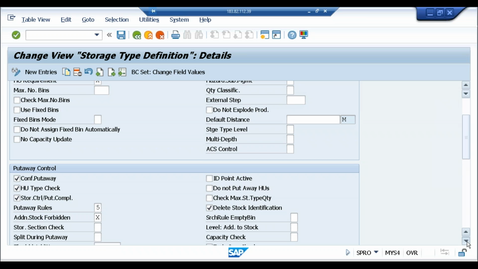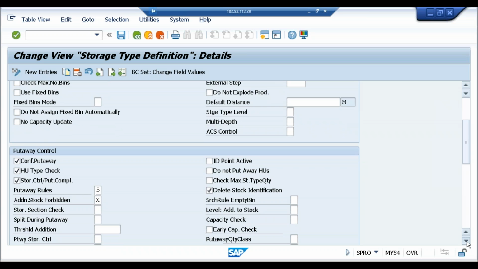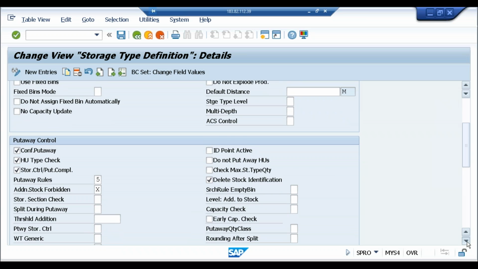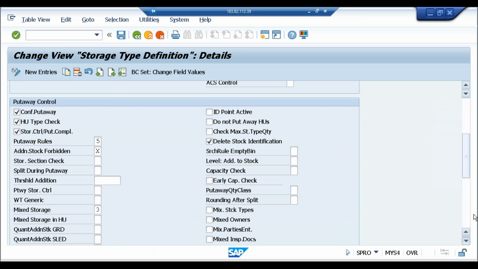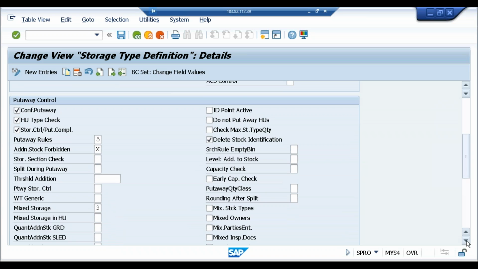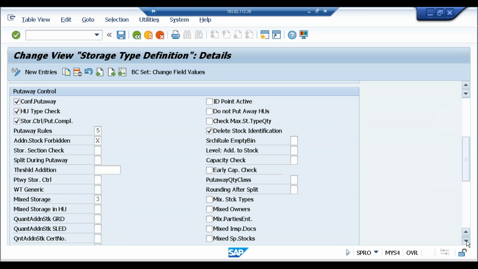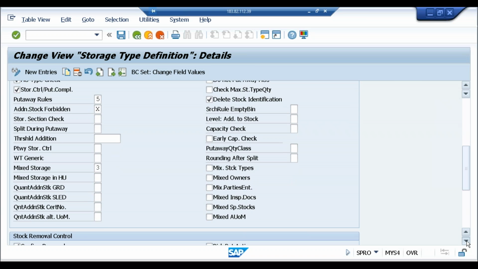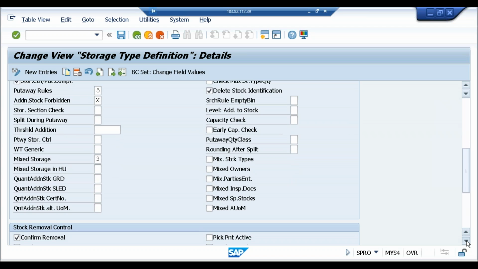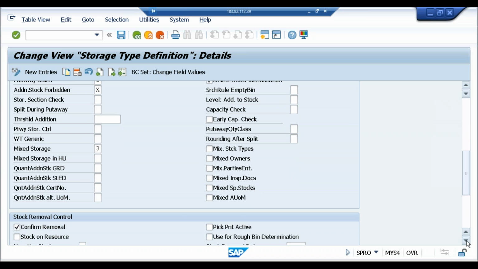And we have the stock removal level also. These are the two main levels, where we'll be placing the stock inside the warehouse and where we'll be picking the stock.